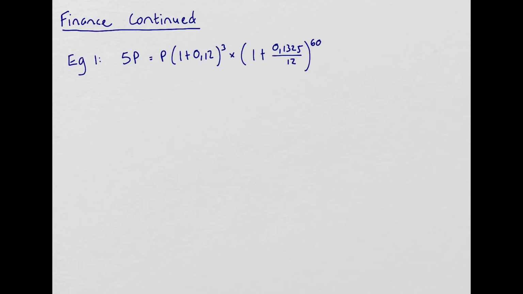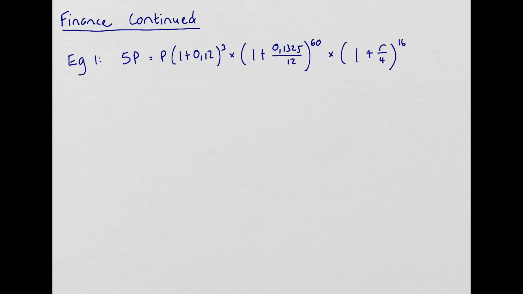And then lastly, we are multiplying by a rate that is compounded quarterly, so 1 plus R over 4, and that is to the power of 16 because it's quarterly for 4 years. So it'll be to the power of 16.